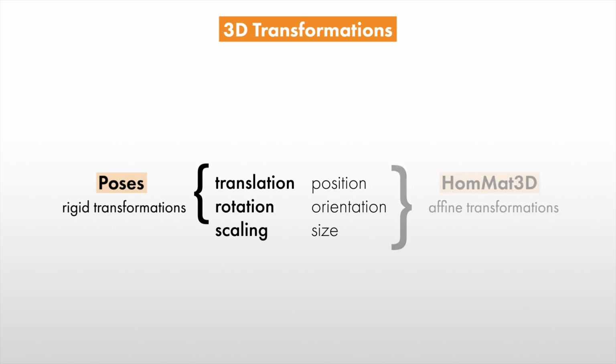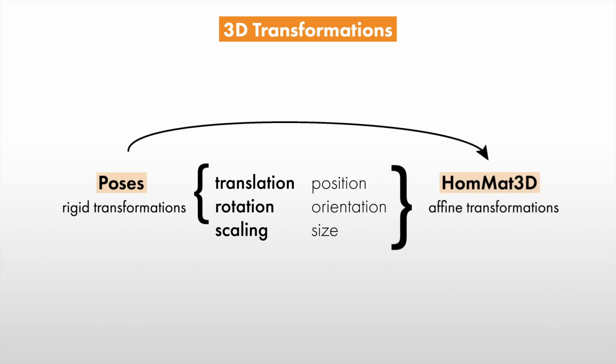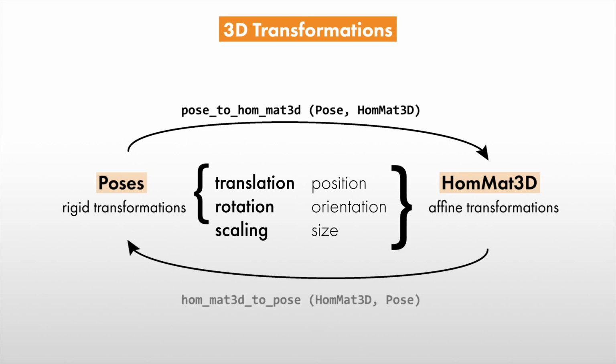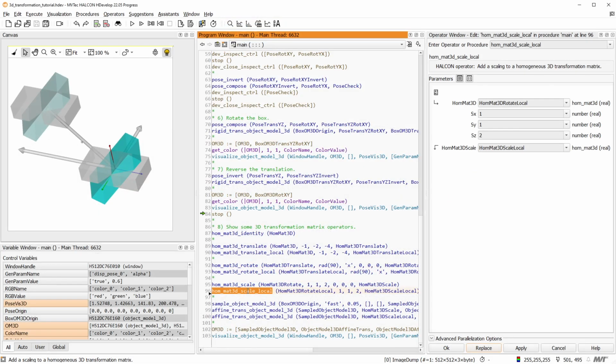This is called an affine transformation. Every pose can be converted to a homogeneous 3D transformation matrix. Conversely, only homogeneous 3D transformation matrices describing a rigid transformation can be converted to poses. Here, to demonstrate an affine transformation, we translate, rotate, and scale our box.